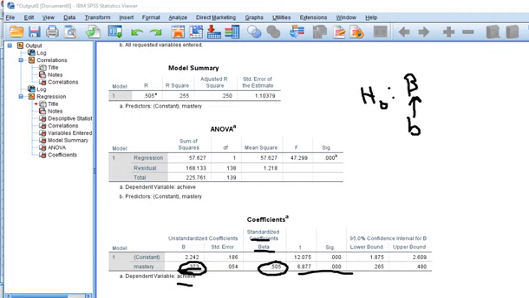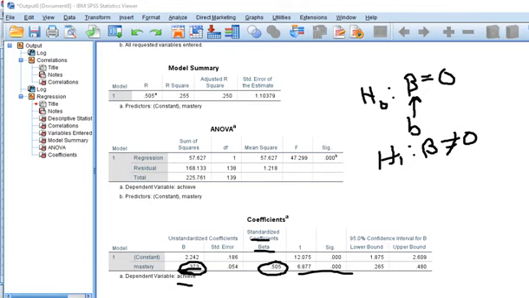And the null hypothesis is that the population regression coefficient is equal to 0. In terms of the alternative hypotheses, there are several possibilities. One, as we did before, is that the population regression coefficient is not equal to 0. So this reflects what is called a non-directional hypothesis.